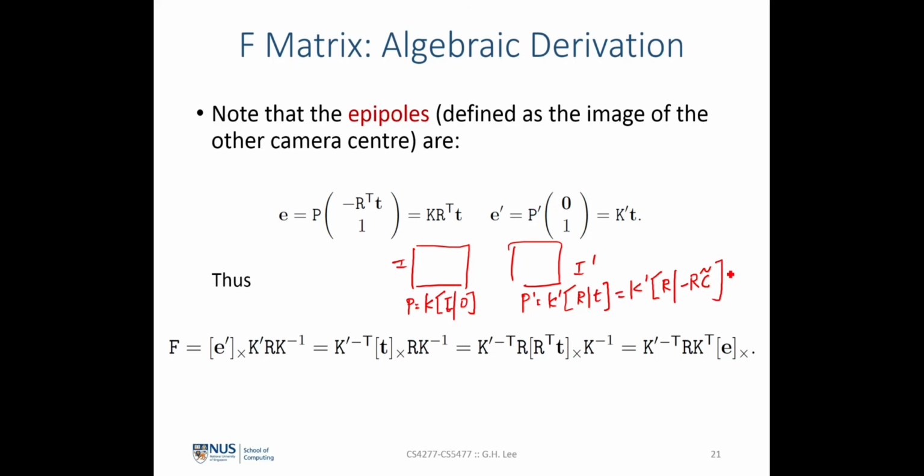From this relation, we can tell that minus R C tilde equals T, and this implies that the camera center can be rewritten as minus R transpose T. We know that the epipole of the first camera view is denoted by E, and this epipole E is simply equal to the projection of the second camera center, C prime, into the first view.